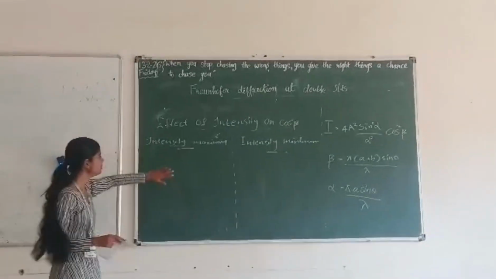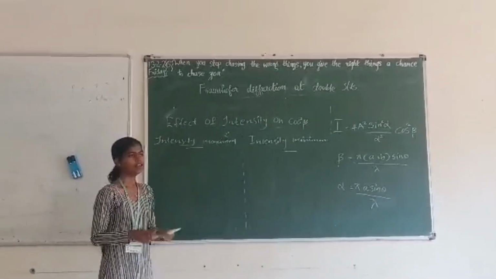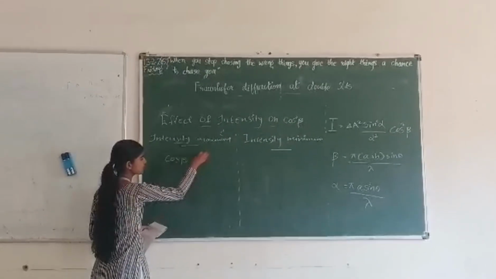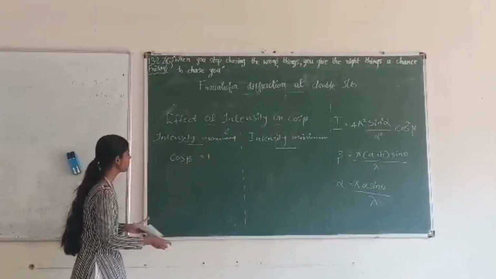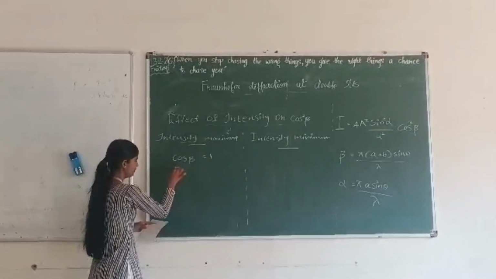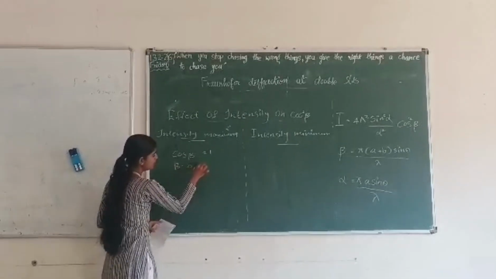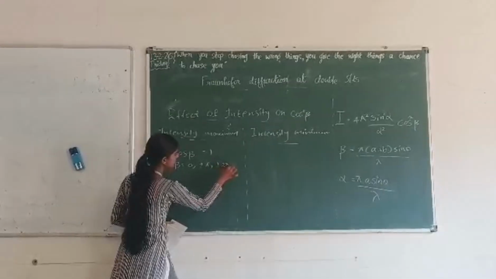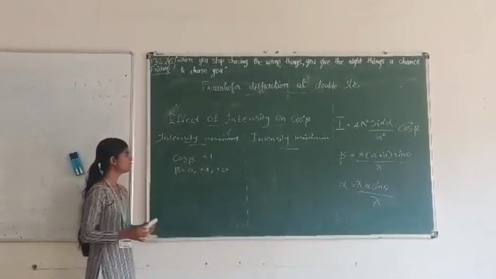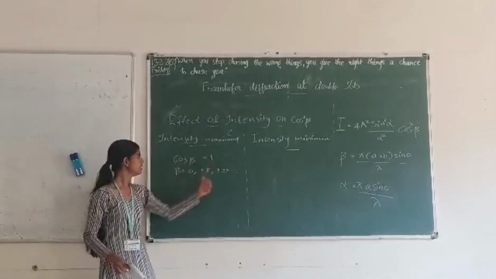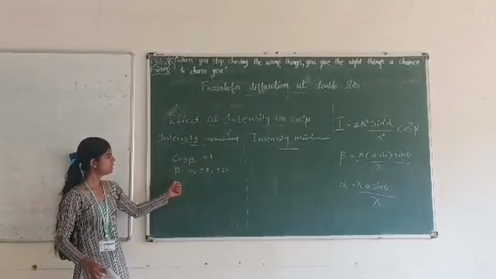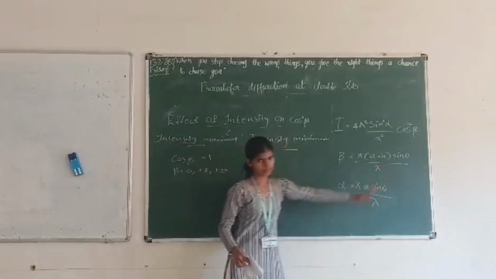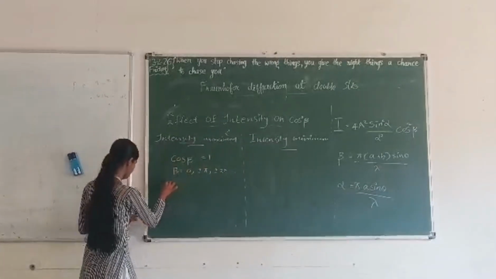So for maximum, cos square beta should be 1. So if beta is equal to 0, plus or minus pi, plus or minus 2 pi, cos beta is 1. We know beta is equal to pi a plus b sin theta by lambda. So we substitute this.